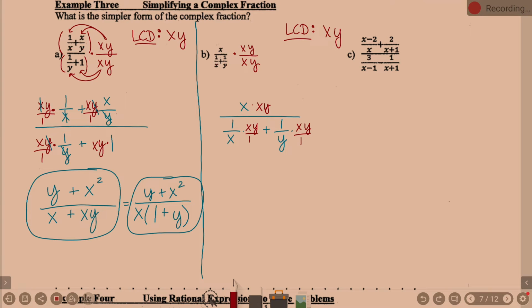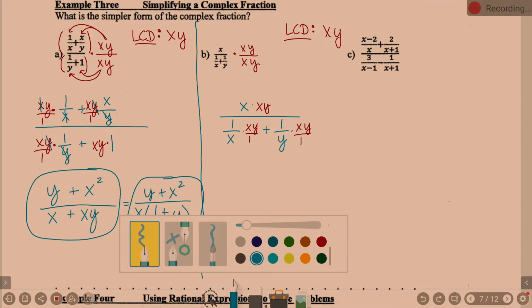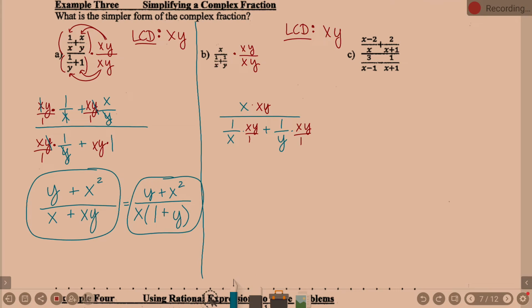When I'm multiplying that by xy, I'm making those fractions. Okay? So if I do the math here, x times xy on top, x squared y. On bottom, an x cancels with an x, and I have y. Plus, my other denominator, y cancels with y, and I have x.